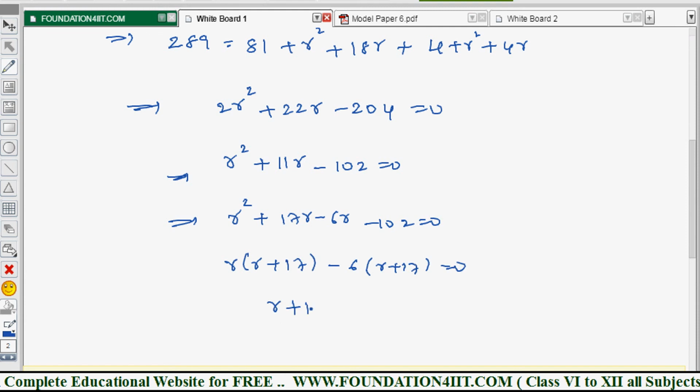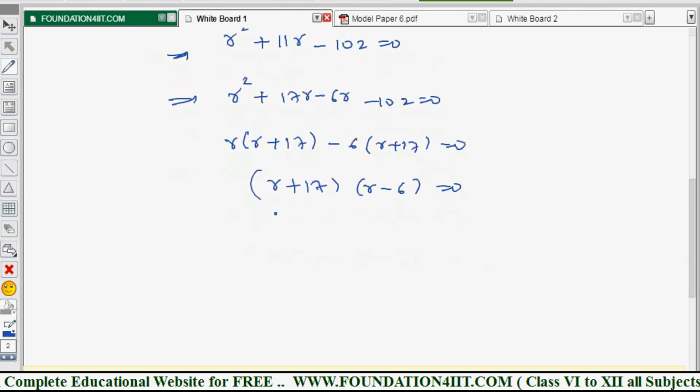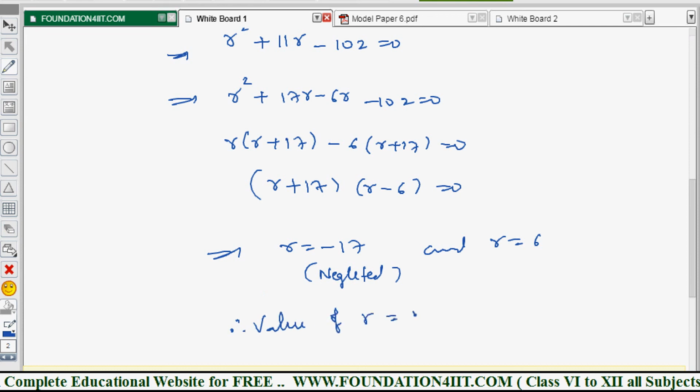Then (r plus 17)(r minus 6) is equal to 0. From this you will get two values: r is equal to minus 17, which is neglected because the radius should not be negative, and r is equal to 6. 6 is the correct answer. So the value of r is 6 centimeters.